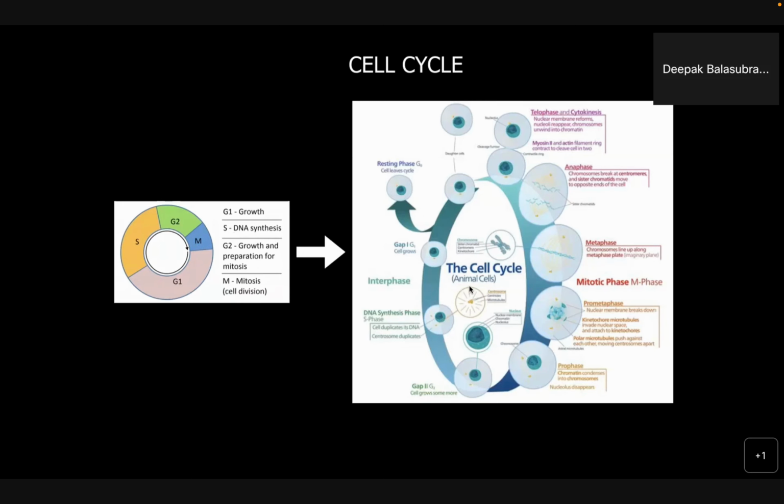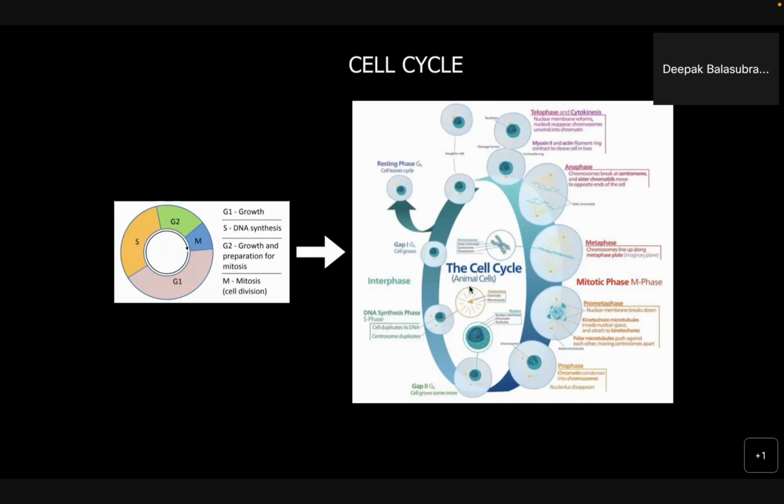And M phase is mitosis, which results in cell division. The picture on the right is more elaborate because you have a lot of subphases within that, like anaphase, metaphase, prometaphase, prophase, and the interphase.